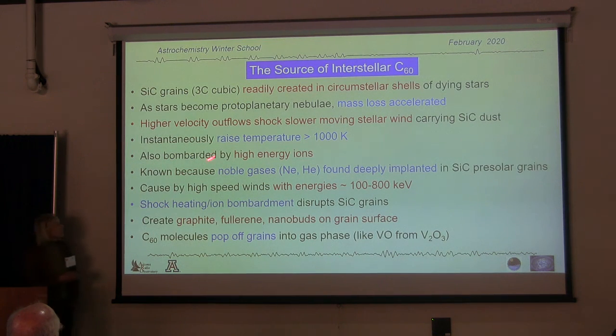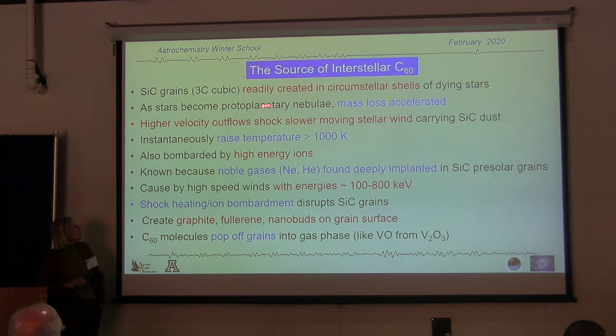And so we think that the source of interstellar C60 is silicon carbide grains in the 3C cubic structure. These are readily made in circumstellar envelopes. We know this from the study of pre-solar grains. We believe that the silicon is stripped from the grains in the protoplanetary nebula phase. The mass loss is accelerated. You have shocks. You get this ion bombardment.